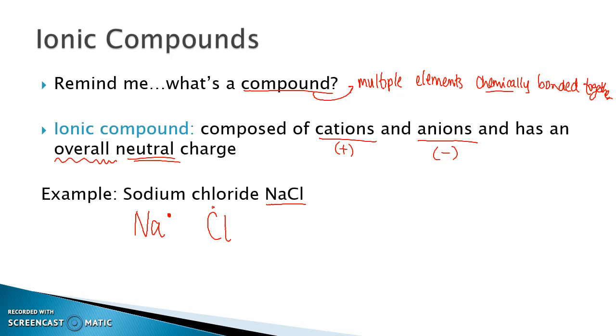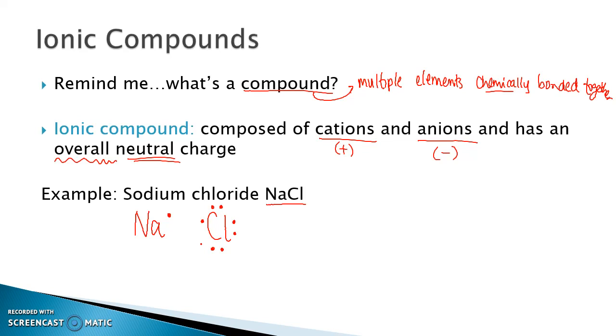Remember, we start out with one on each side, and then we pair them up until we get to 7. Notice, chlorine is one dot away from looking like a noble gas, having 8 in its valence shell. And we know that chlorine, the halogens, like to gain 1 electron.